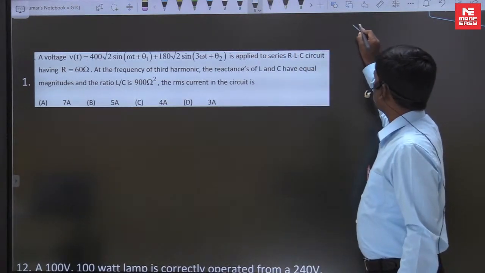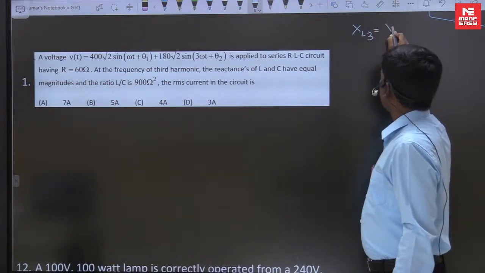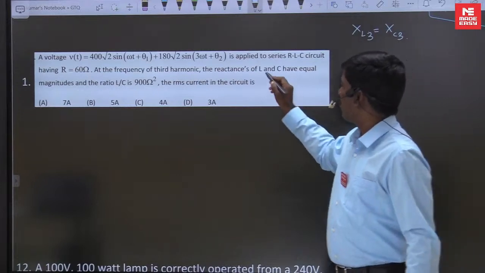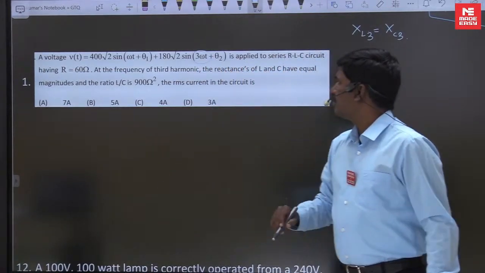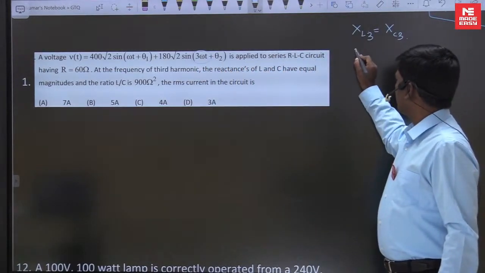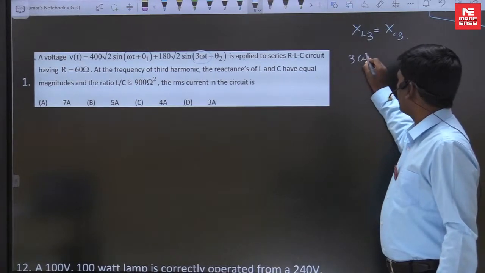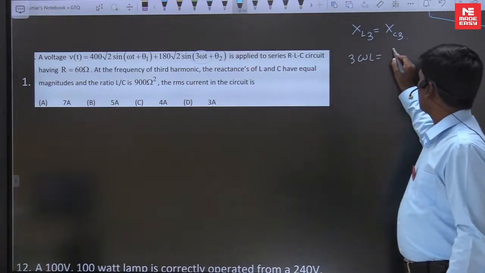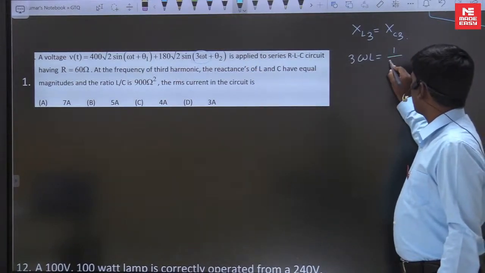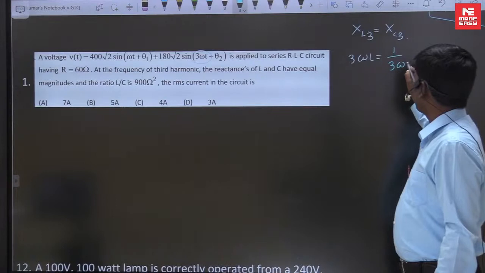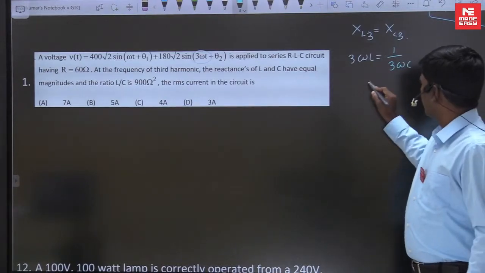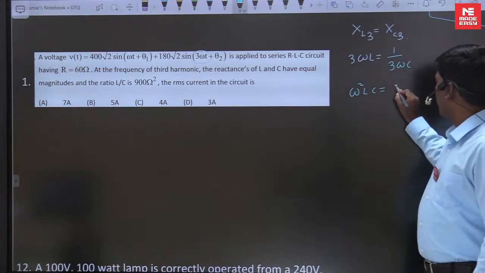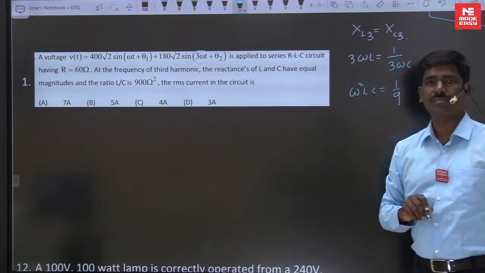XL3 is equal to XC3 at the third harmonic, where omega becomes 3 omega. So 3 omega L is equal to 1 by 3 omega C. From this, omega square LC is equal to 1 by 9, correct?